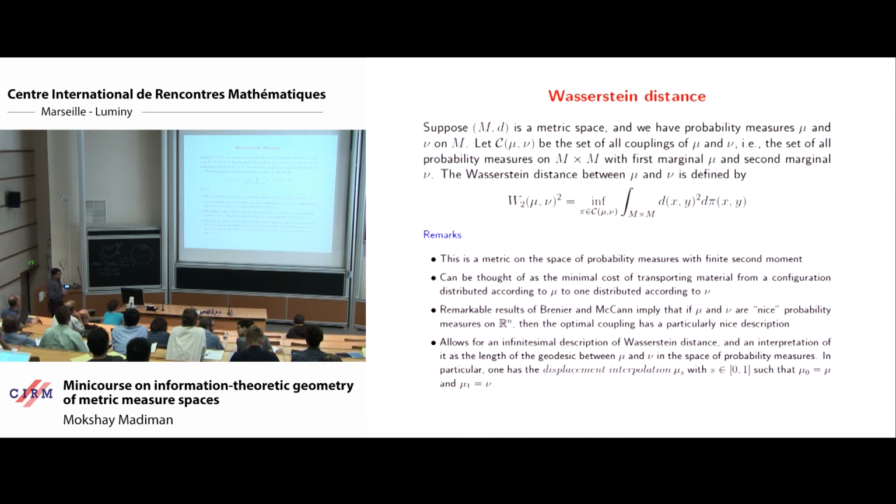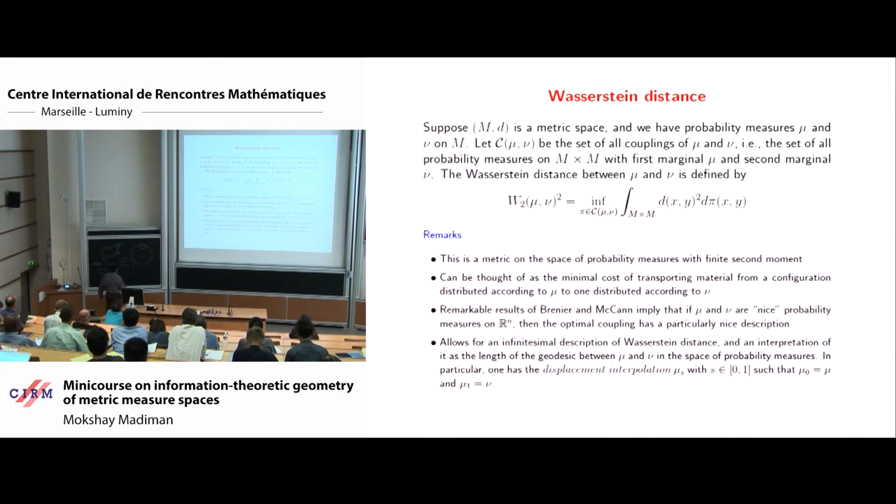There are remarkable results of Brenier and McCann, which say that if mu and nu are nice, for example, if one of them is absolutely continuous with respect to Lebesgue measure, then the optimal coupling has a particularly nice description, in the sense that it's actually degenerate.